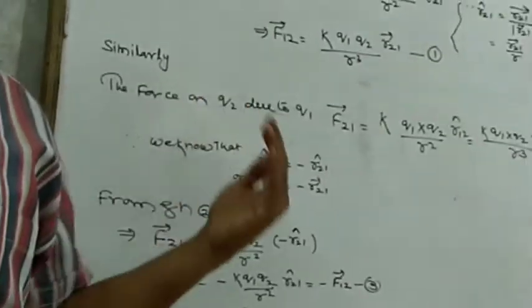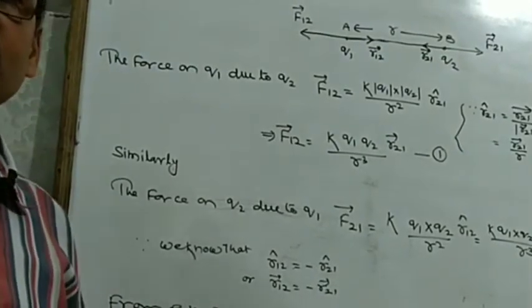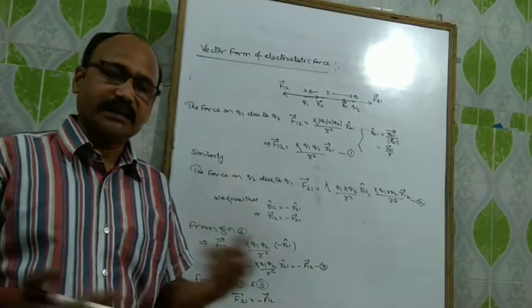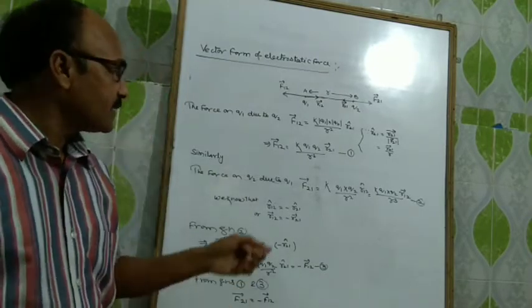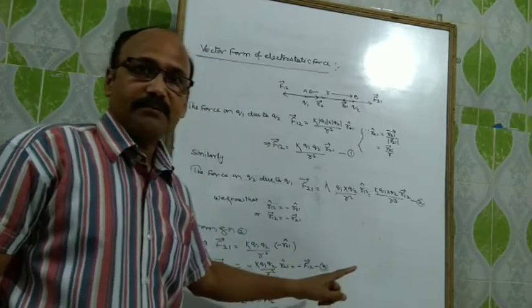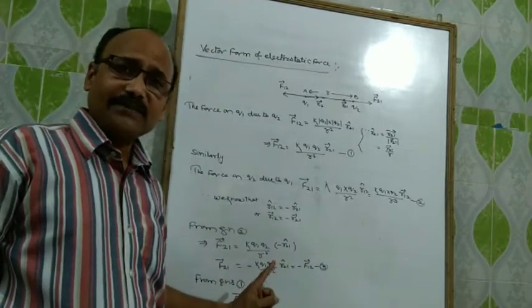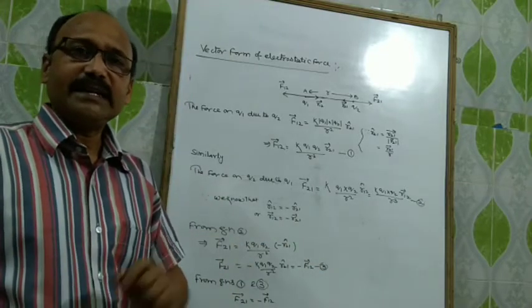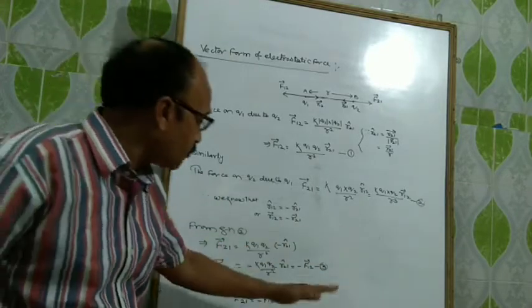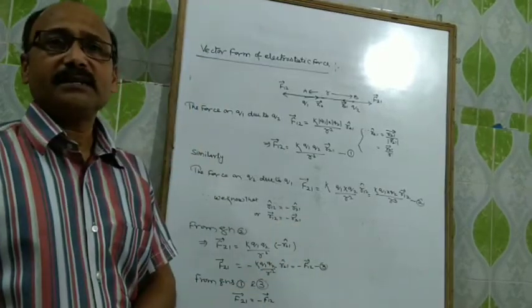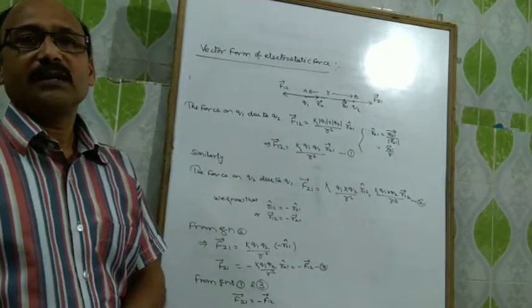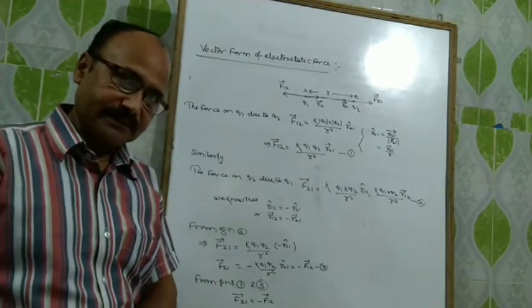So both forces, the Coulomb or electrostatic forces between both the charges, are equal in magnitude and opposite in direction on each other. One force is the action force, the other is the reaction force. It is proving that the electrostatic force obeys Newton's third law of motion.